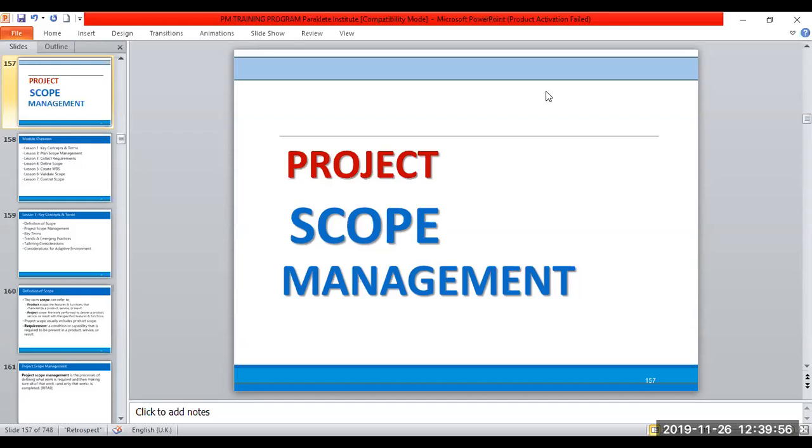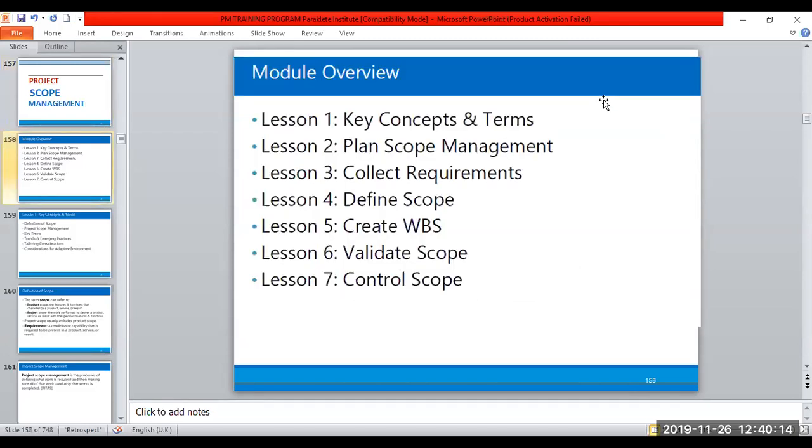In this chapter, we're going to cover all that entails about the project, the scope of the project. We're going to examine key concepts surrounding this knowledge area, project scope management.